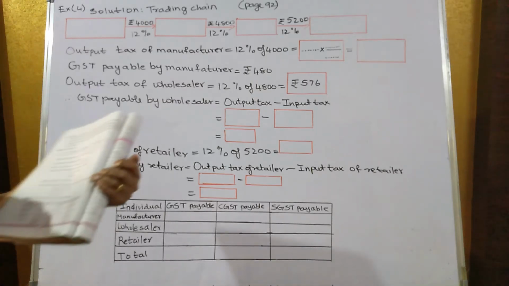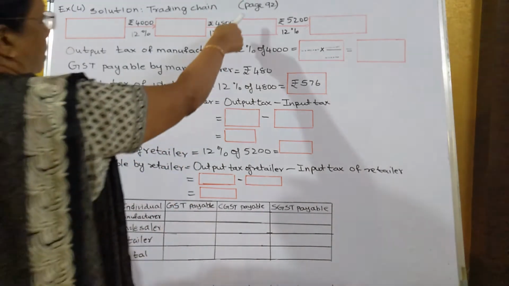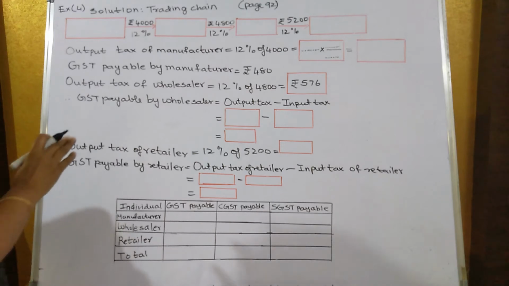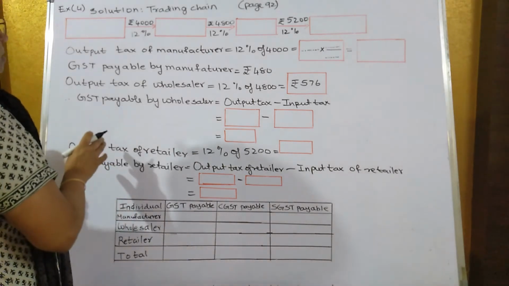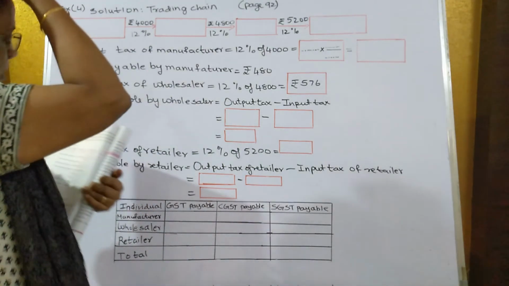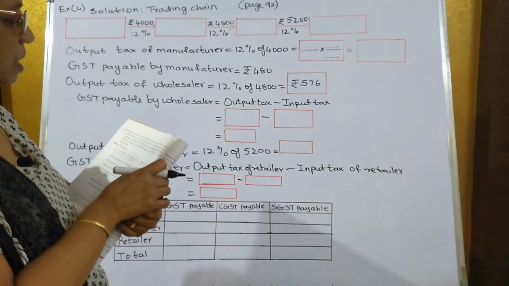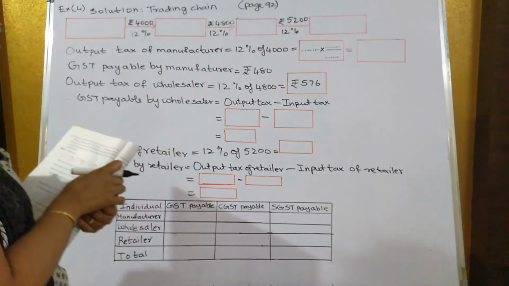Now example 4, which is given on page number 92, is an activity based sum. You just try to do that sum, so you'll understand this exercise much better. Now they have said, suppose a manufacturer sold a cycle for a taxable value of rupees 4,000 to the wholesaler.